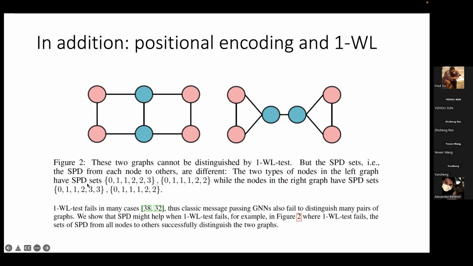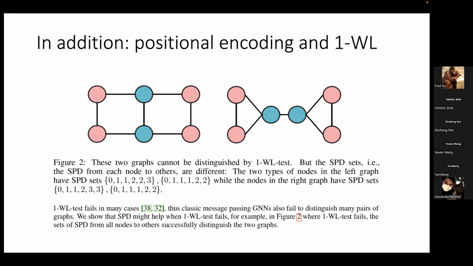I'm not sure exactly the details here. Does someone know maybe what this means? Oh, you mean distinguish those two sets?